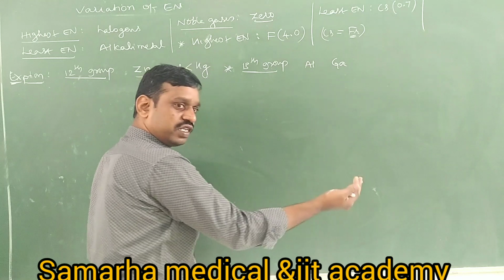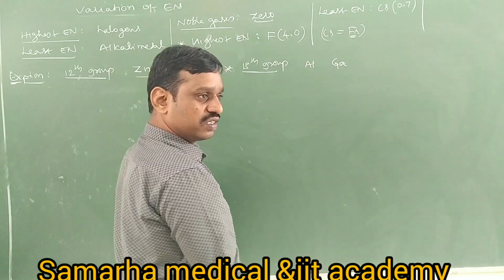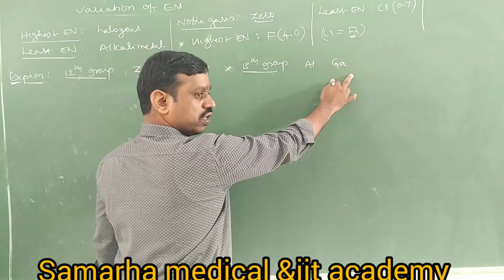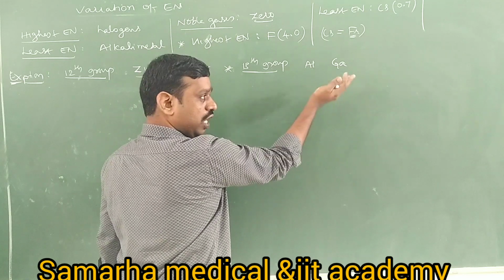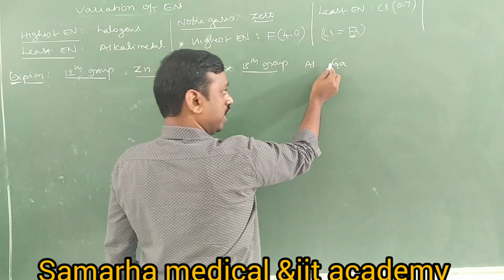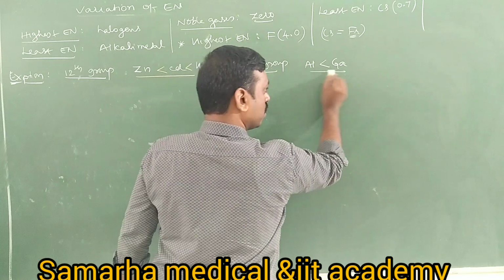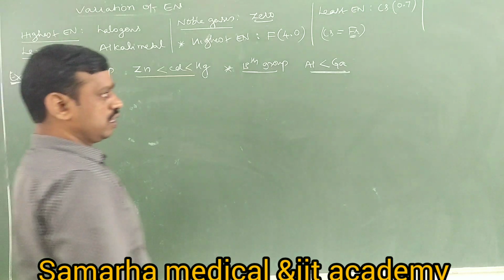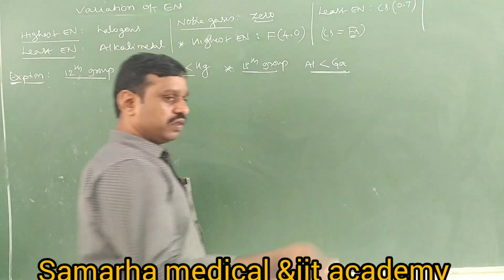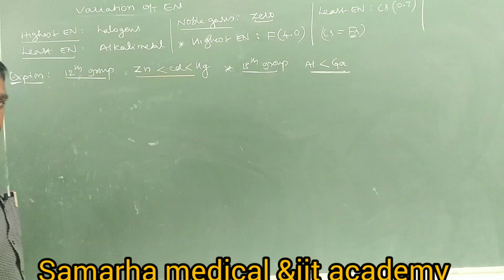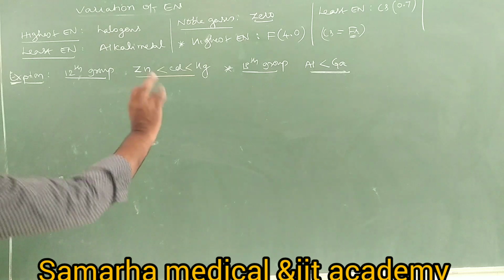Down the group, electronegativity should decrease, so aluminium is supposed to have more electronegativity than gallium. But exceptionally, gallium has more electronegativity, same as electron affinity we studied in the last class. There are many reasons, but one suitable reason is atomic size, the same reason we studied yesterday. So these two are the exceptions.